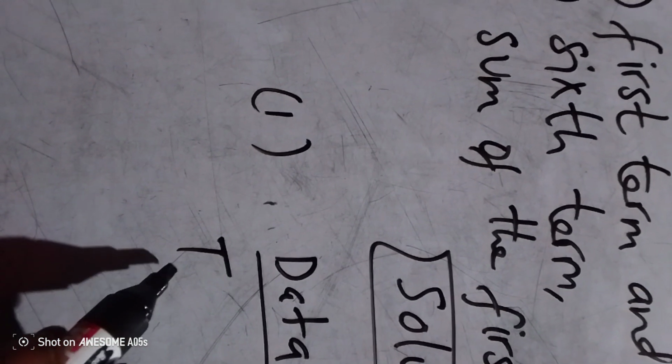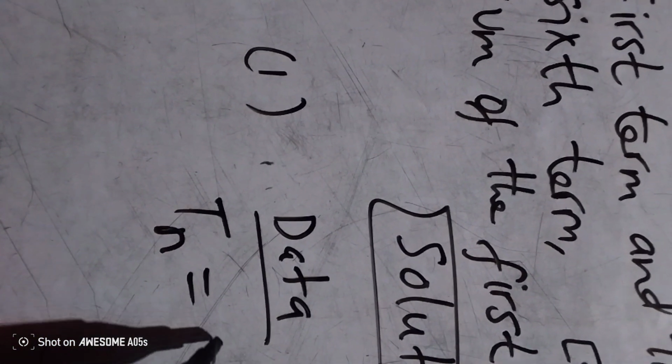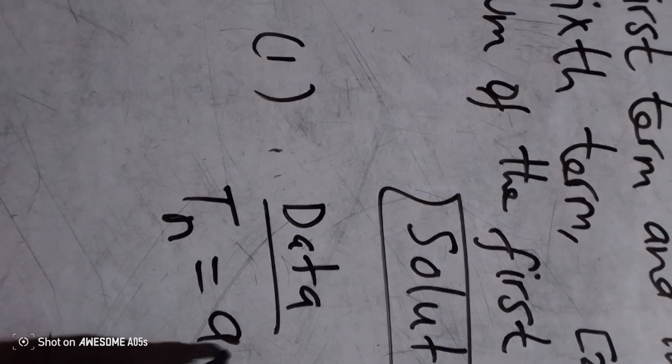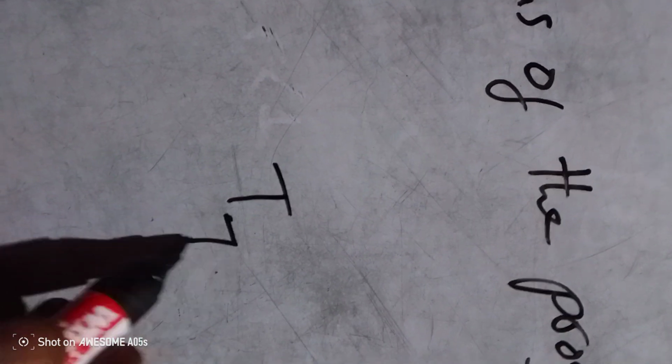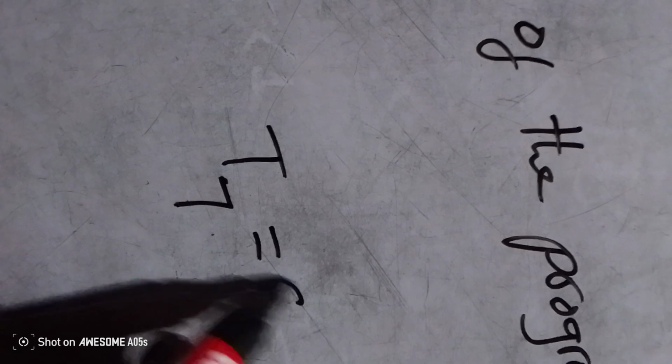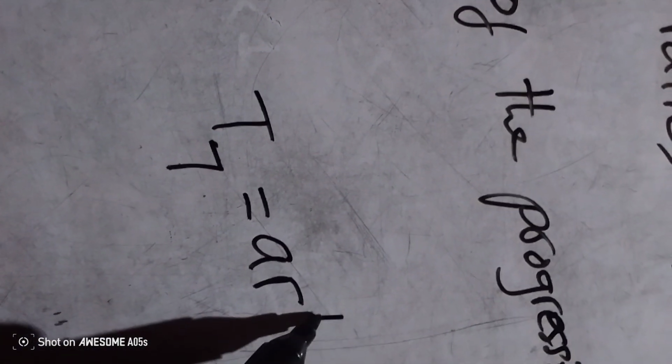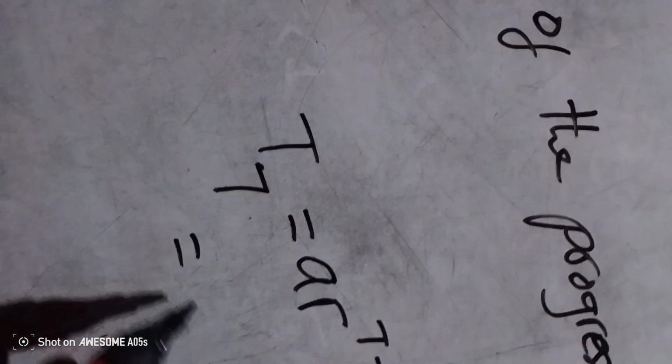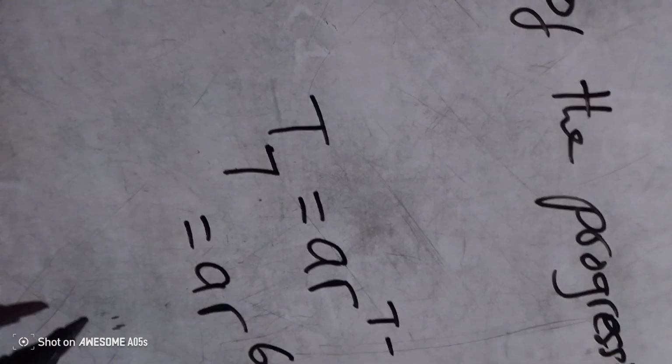When you are faced with this question, you first need to collect your data. Tn equals a r power n minus 1, since this is a geometric progression. Just an illustration: for term number 7, it's equal to a r power 7 minus 1, which is a r power 6.